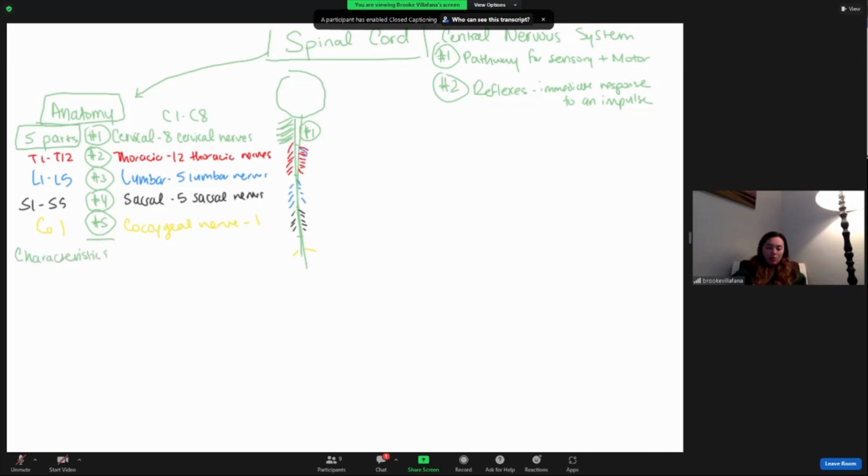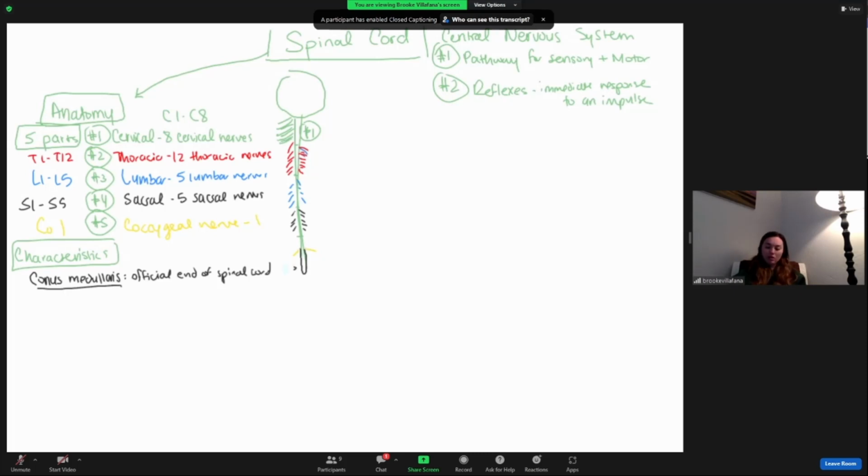So the spinal cord has something called the conus medullaris. And this is the official end of the spinal cord, and it's a cone shape, and that's why we call it conus. So on this diagram right here, the ending of the spinal cord looks like a cone, that would be the conus medullaris, the official end of the spinal cord.